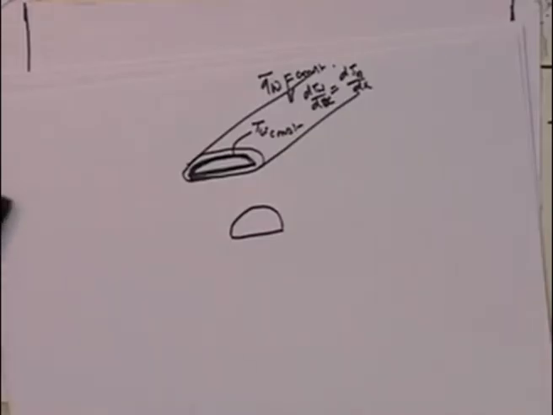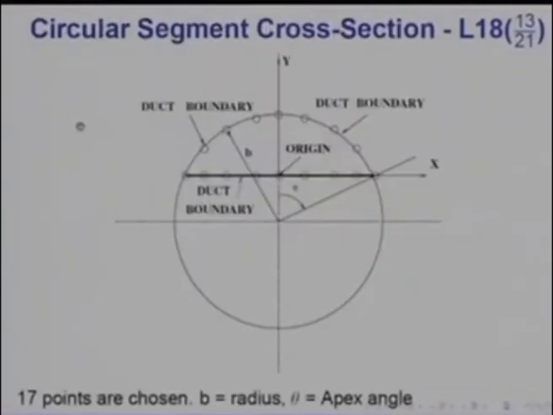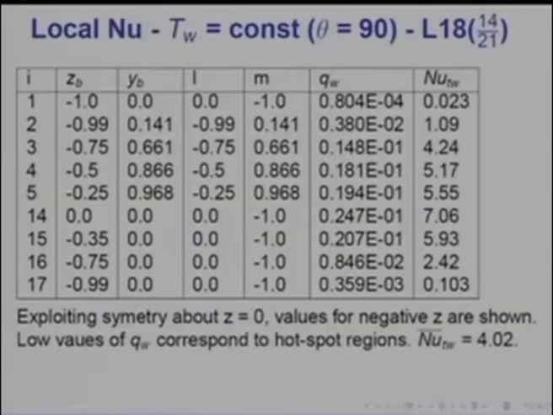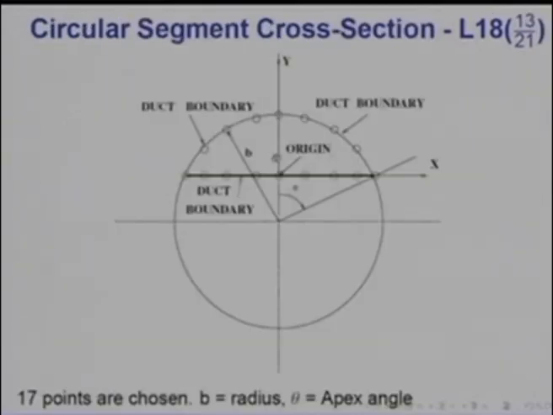So have a look at this figure again. ZB, YB are specified for all the boundaries 1, 2, 3, 4, 5, and because of the symmetry on both sides, I am only giving you solutions on the left side of the boundary, because the same solutions will be reproduced, since circumferentially the wall temperature is constant.